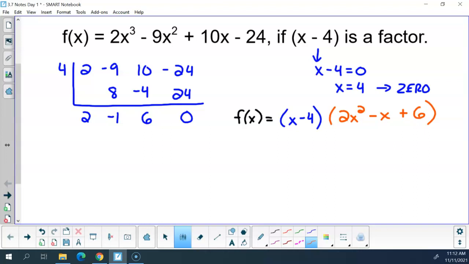What times what gets me 2x squared? 2x and x. What times what gets me 6? 3 and 2? In that order? Can I get negative x out of those two?